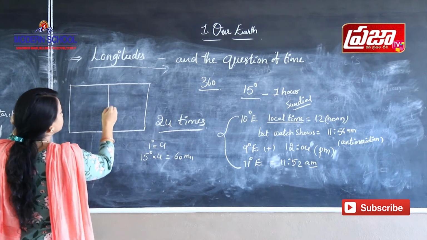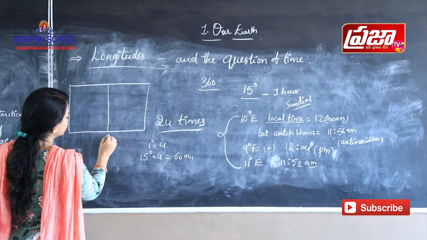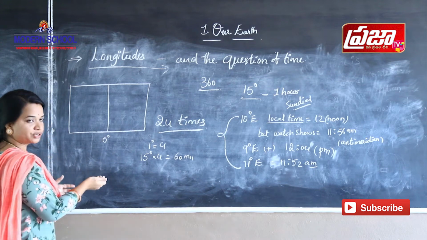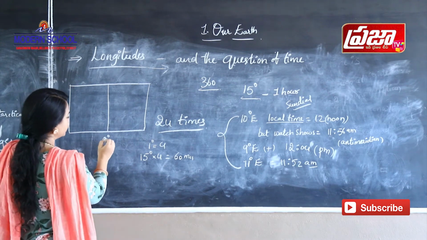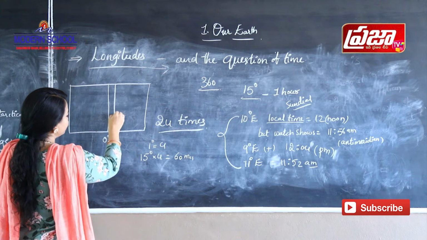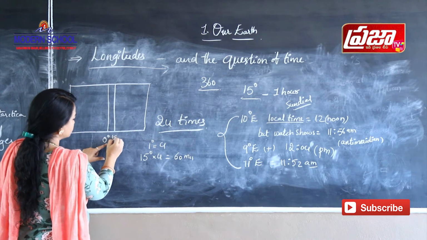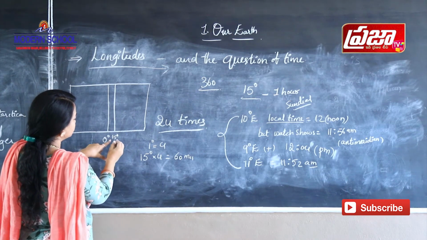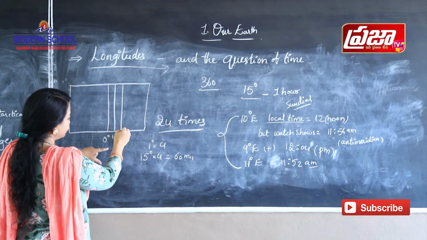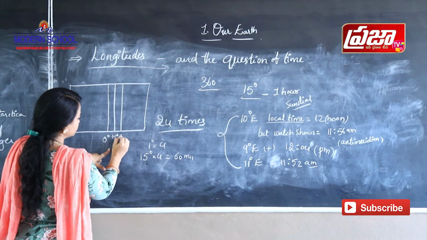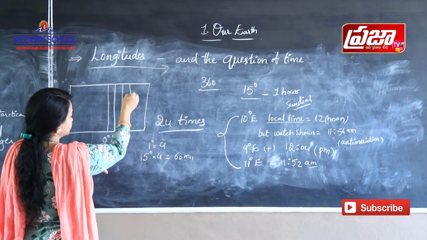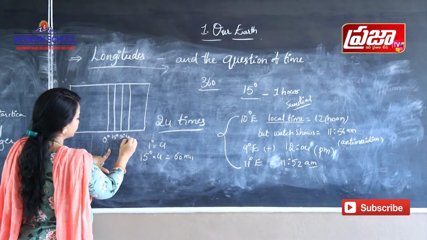So the middle line we call 0 degrees, the prime meridian or Greenwich. This is the 0 degrees time zone. From the 0 degrees time zone, the time zones are drawn every 15 degrees. Again after 15 degrees, one more time zone near 30 degrees and one more time zone here at 45 degrees.